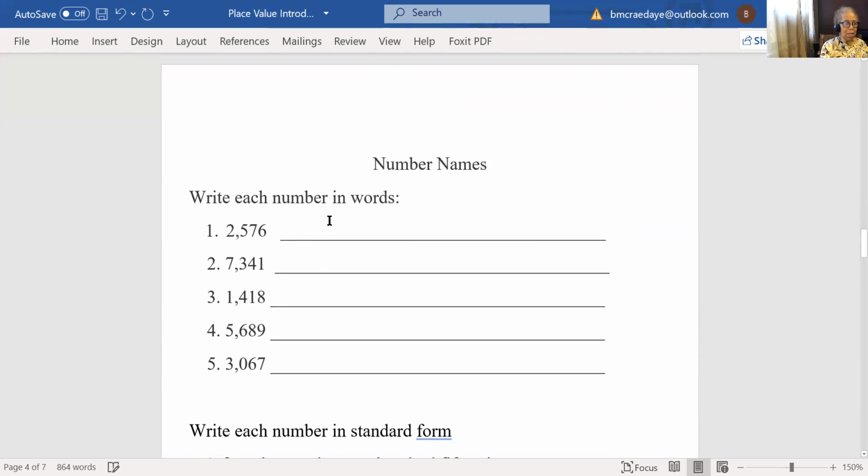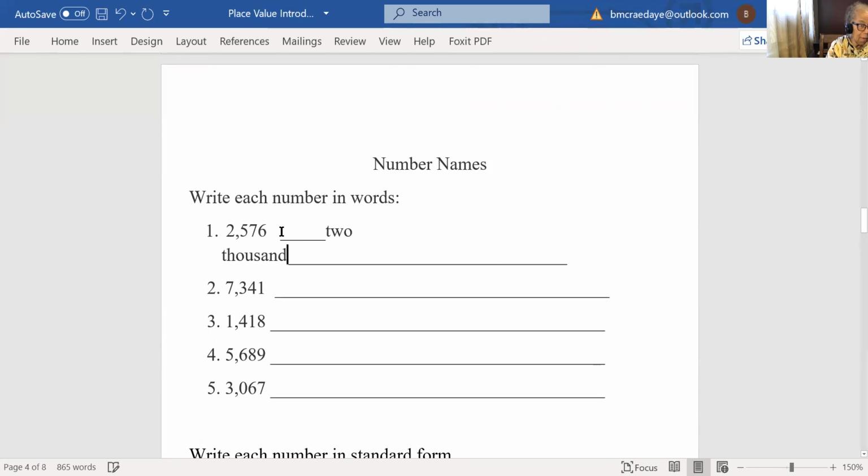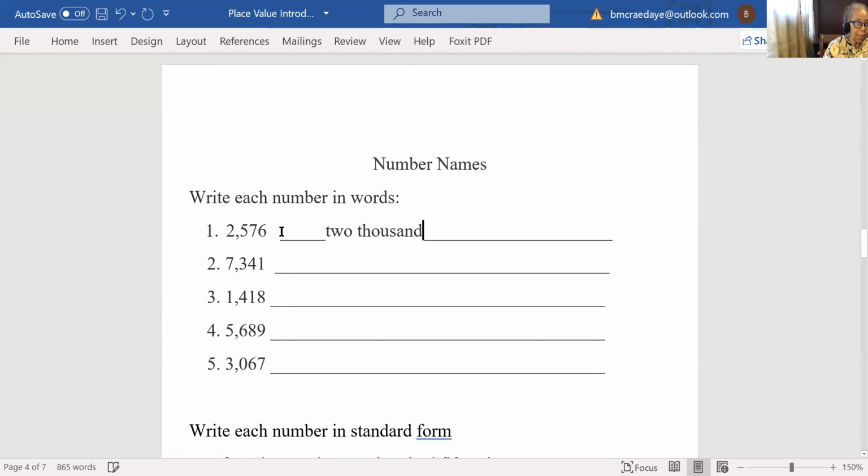Write each number in words. So this number in words is 2,576. So we can write 2,000 576. Okay. And I'll just take out the underline.